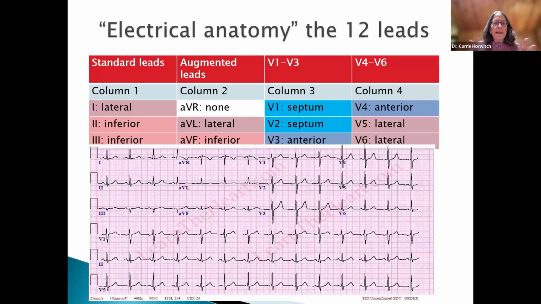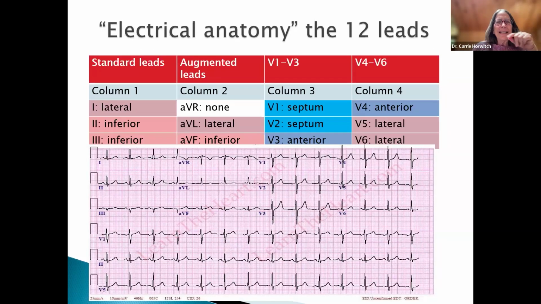And when you look at the electrical anatomy, I think it is important for you to know which leads speak to which part of the heart. So when we think about the inferior, the bottom of the heart, those inferior leads are going to be lead 2, lead 3, and lead AVF.